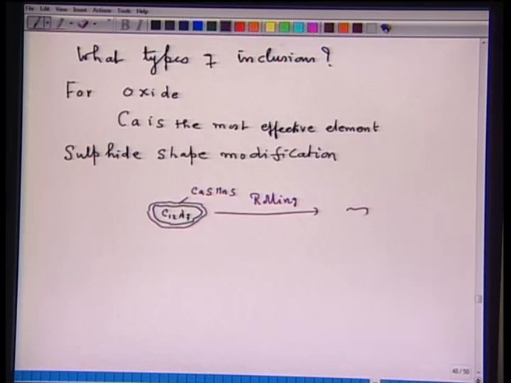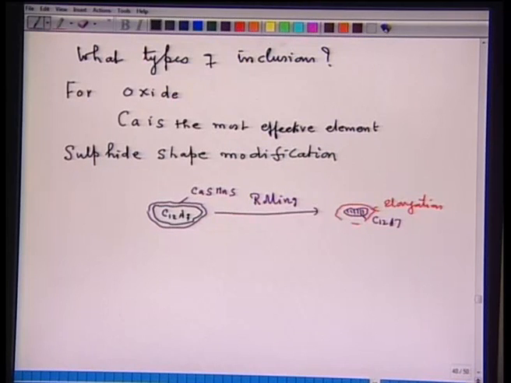So, the center is again that of C12A7, and on rolling, this is the elongation which occurs. That way the harmful effect of sulfide inclusions can be alleviated.